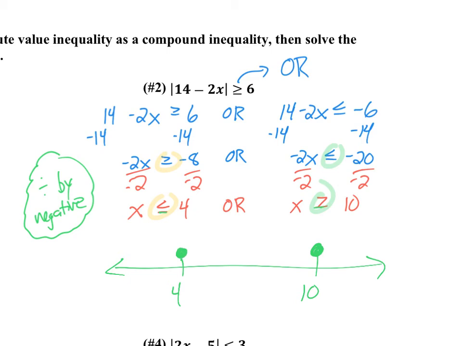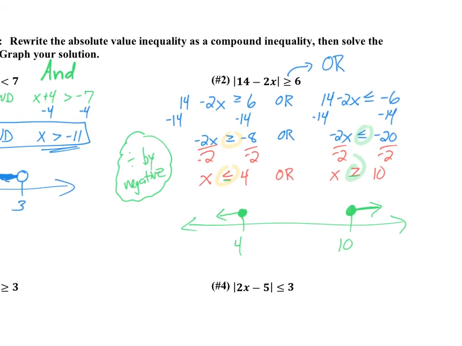Now, x is less than or equal to 4 will point to the left, and then x is greater than or equal to 10 will point to the right. So when it's an or statement, they'll point away from each other. Okay, and the next two problems are similar to these two. I want to do them. If you feel good, you can stop and move on to the homework.